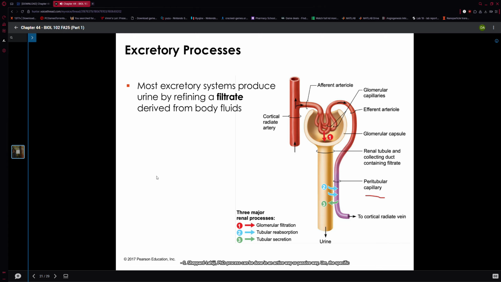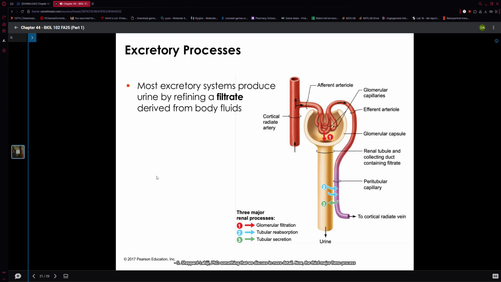This process can be done in an active way or a passive way. The specific mechanisms of this transport we don't go through within principles of biology. But if you end up taking anatomy and physiology two, that is something that we discuss in more detail.